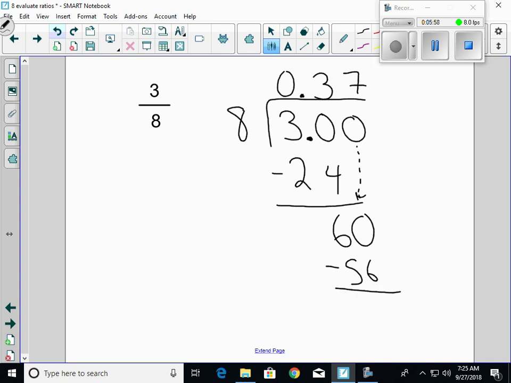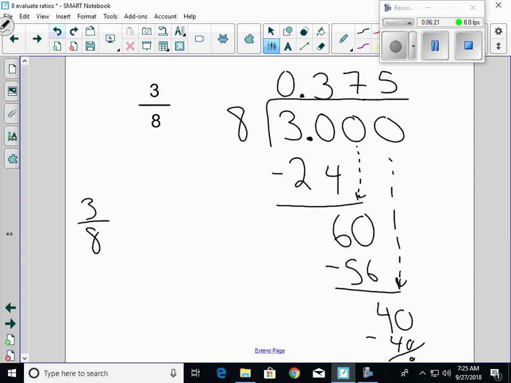If I subtract 60 minus 56, I still have a remainder, so I need another 0. 8 goes into 40 now 5 times, because 5 times 8 is 40. I'm done because I do not have a remainder anymore. So the value of 3 over 8, 3 divided by 8 as a decimal, is 0.375.